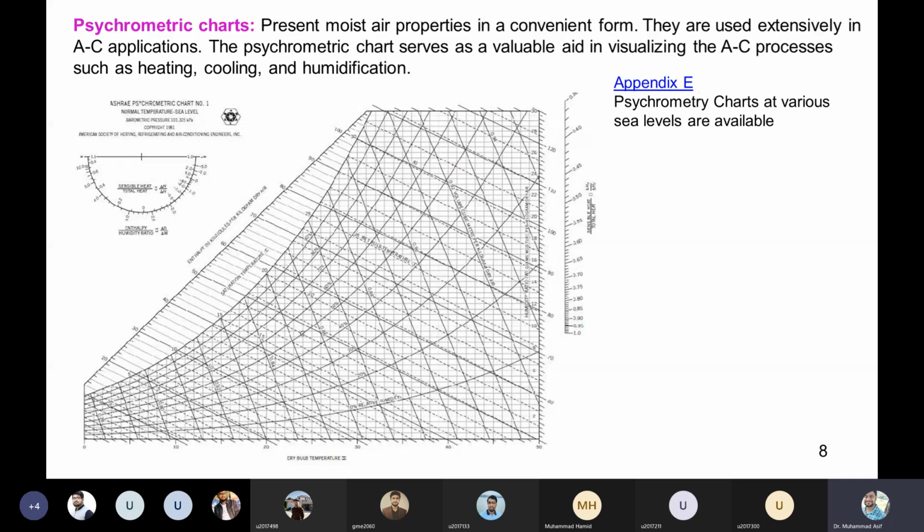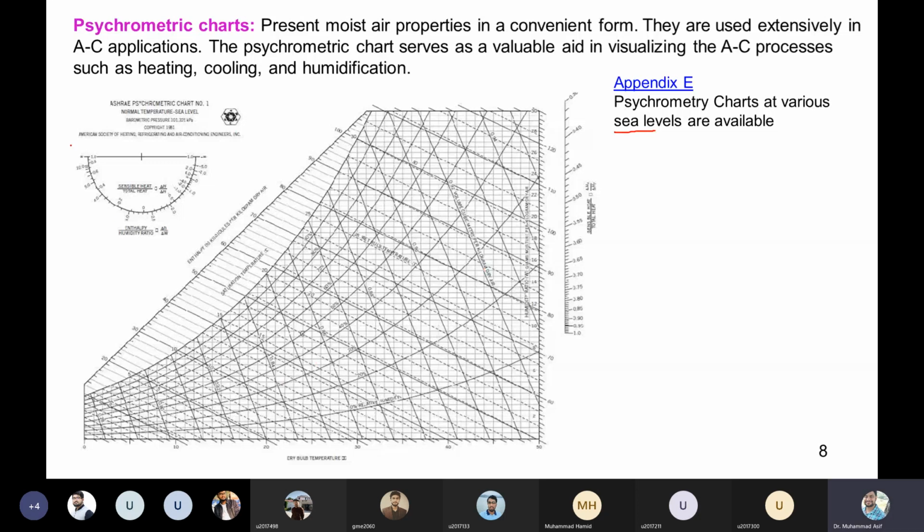And there is not only one psychrometric chart; there are charts for various sea levels, because each psychrometric chart is developed for one particular atmospheric pressure. As the elevation from sea level changes, the data is slightly varying. So one particular psychrometric chart is applicable for one atmospheric pressure, right?